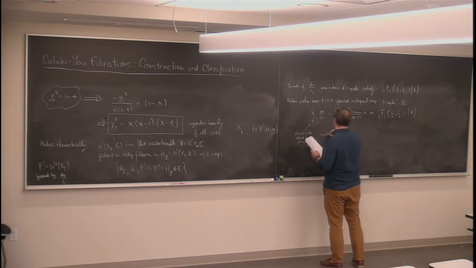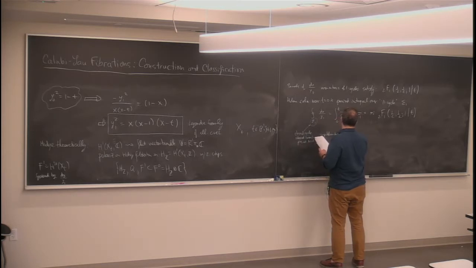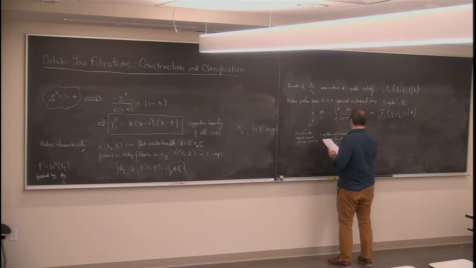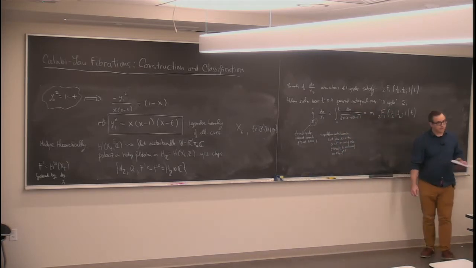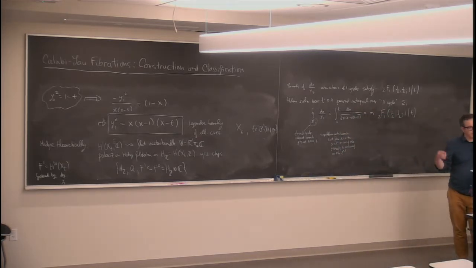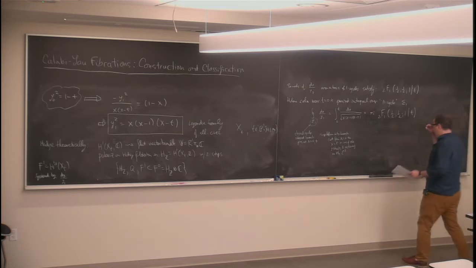So you deform into a branch cut from x equals 0 to x equals t on one of the y sheets and returning on the second. Okay, so nothing you haven't seen before, but I'm explaining it in detail because this step generalizes in the next dimension.